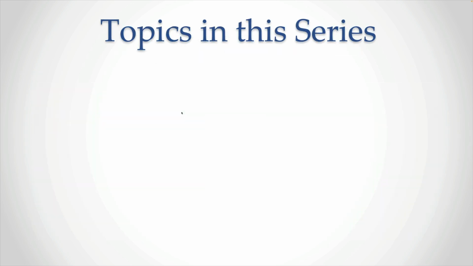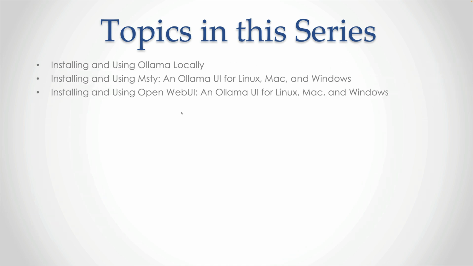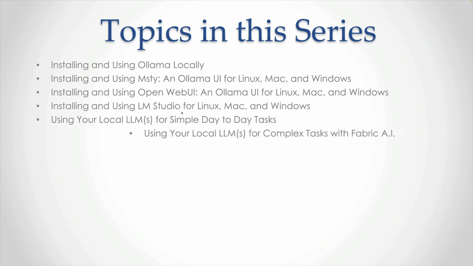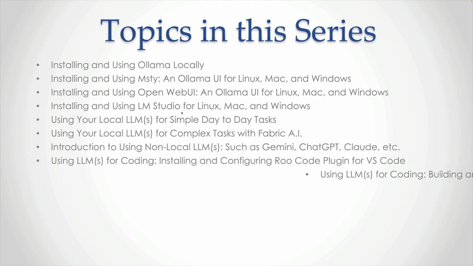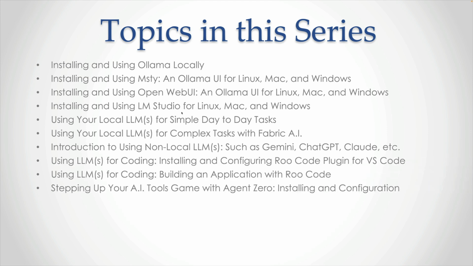So what are we going to be covering in this series? When I think about how I use AI tools on my computer, and what I want to show you guys, well, it's a lot. And so I'm not going to call it all the topics, but here they are. We're going to be talking about Ollama, how to install it, how to use different UIs with Ollama. We'll talk about using some other more packaged things like LM Studio, and I'll show you the differences and you can decide which one you want to use.